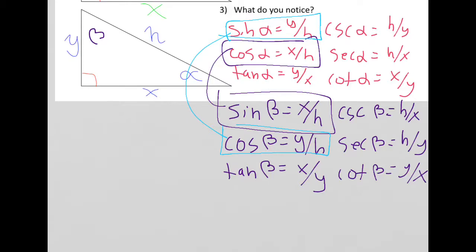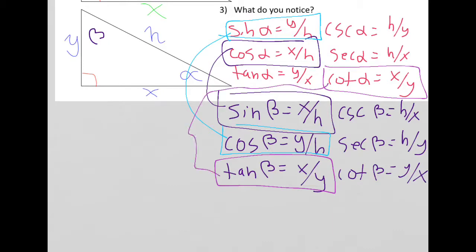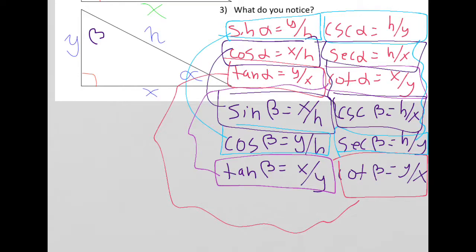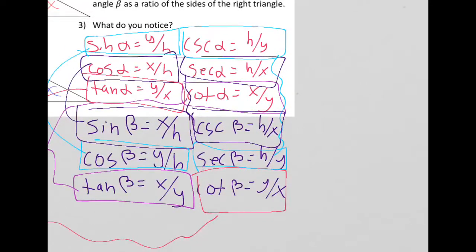And the tangent of beta is equal to the cotangent of alpha, and cotangent of beta is equal to the tangent of alpha. Secant of beta goes with cosecant of alpha. And finally cosecant of beta goes with secant of alpha. Okay, that's a crazy little mental map we made right there.